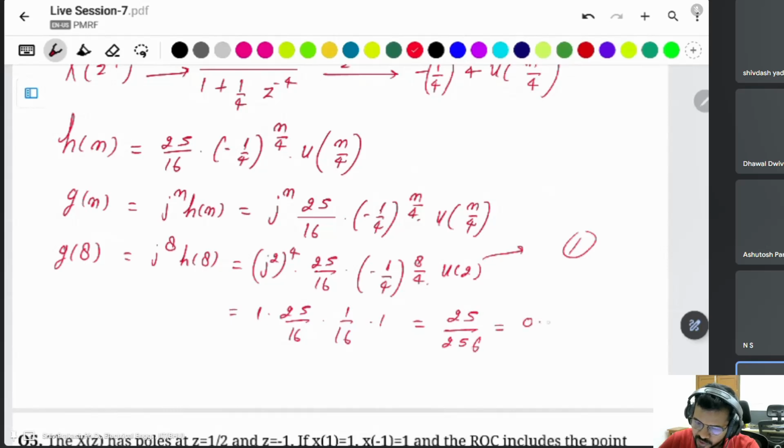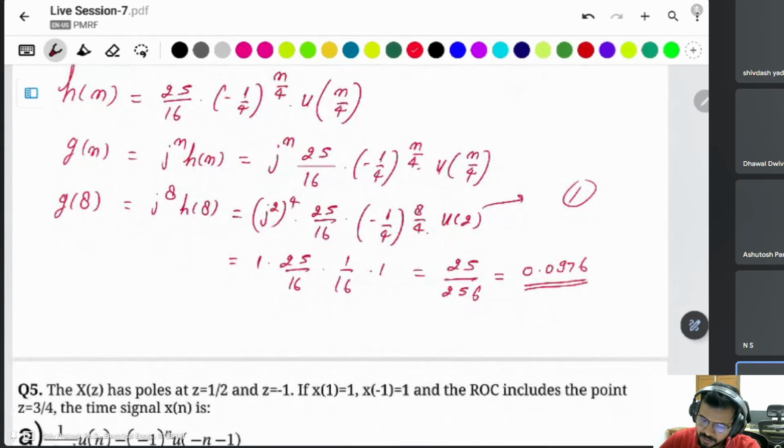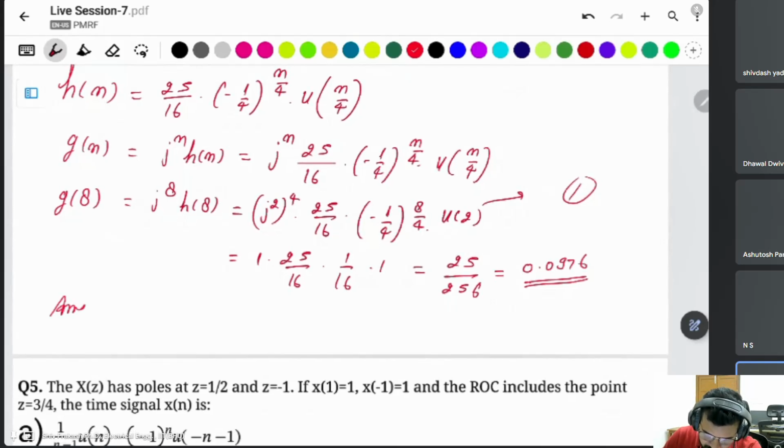The value of this one is 0.0976. The acceptable range of this question is given as 0.09 to 0.9.